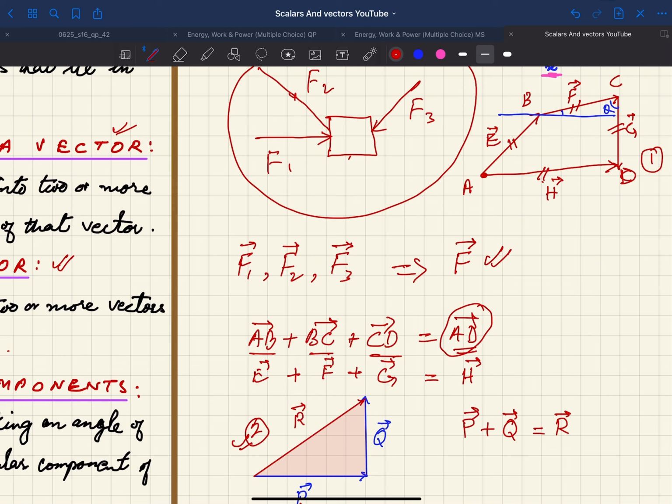Simply, in diagram 1, our vectors E, F and G make some angle but not 90 degrees, so they are just termed the components of a vector.